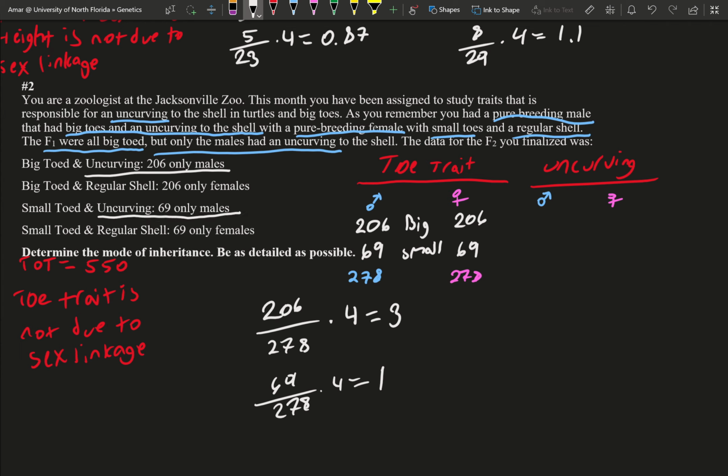So basically 278 of males are uncurving. And then we have 206 females that are regular, or 69 females that are regular shell. So then 278 of females are regular shell.